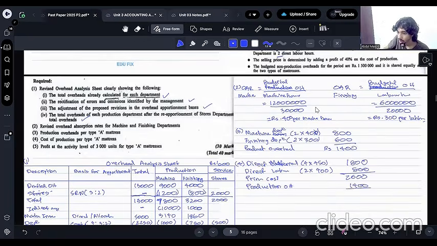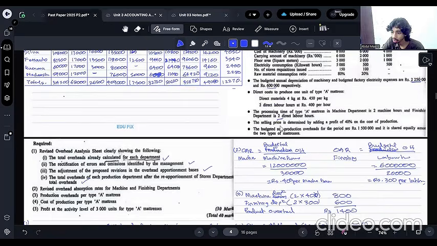Then you can get the production cost of 1 unit of mattress A, that is 2,600 plus 1,400, that is rupees 4,000. Fourth one done.